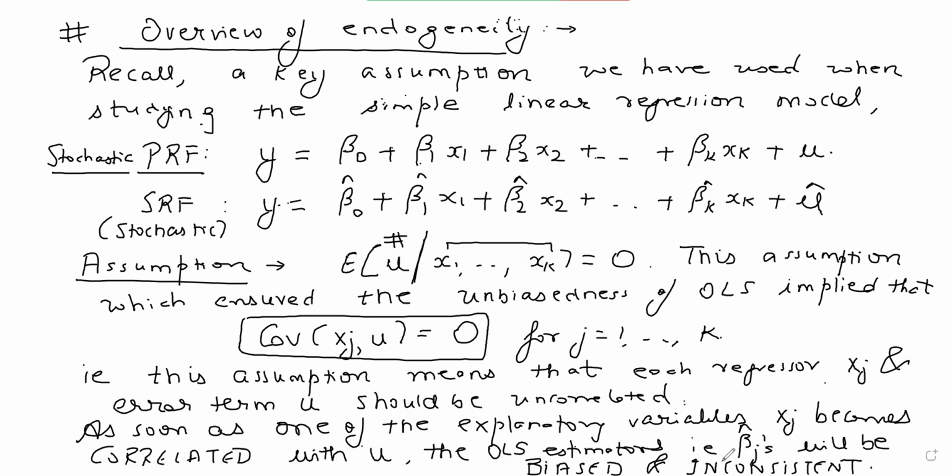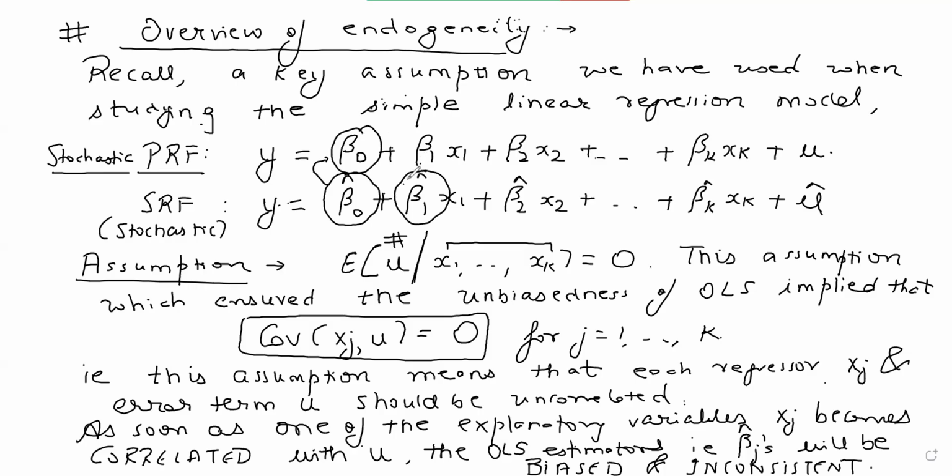So students, what we are trying to say here is, if at least one of the explanatory variables tends to be correlated with the regression error term, your OLS estimators will now be biased and inconsistent. That means beta naught hat will not be able to properly estimate beta naught.